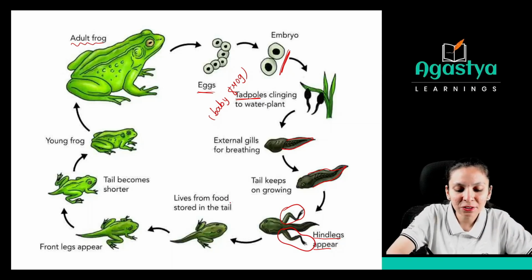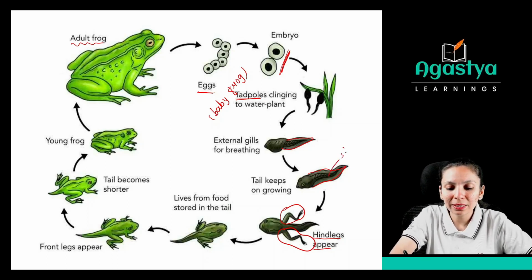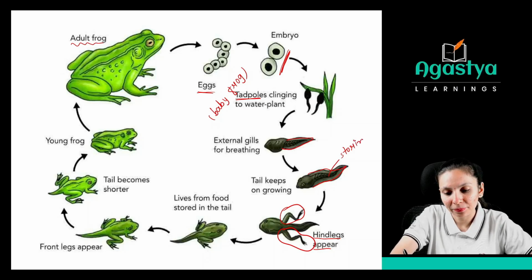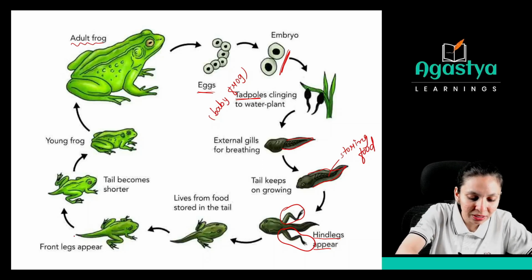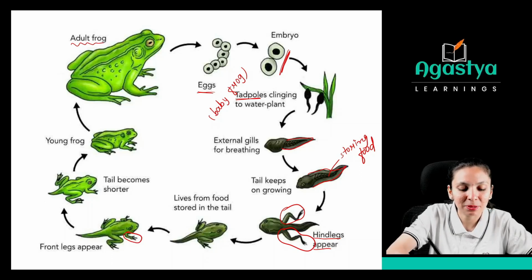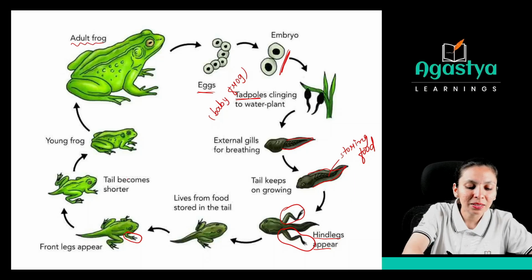Then it lives on food stored in the tail. See, as the tail is growing, right? So they will be storing some food inside it. From the stored food, they will get nutrition. And after some time, the front legs appear. That was the back legs, but now the front legs are appearing. From this, the tail becomes shorter and shorter.